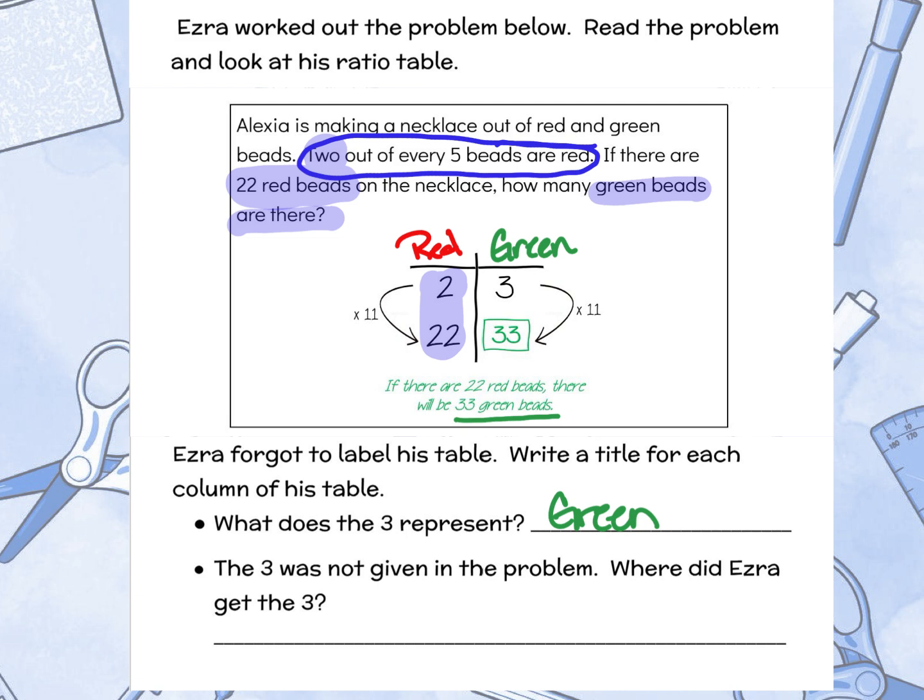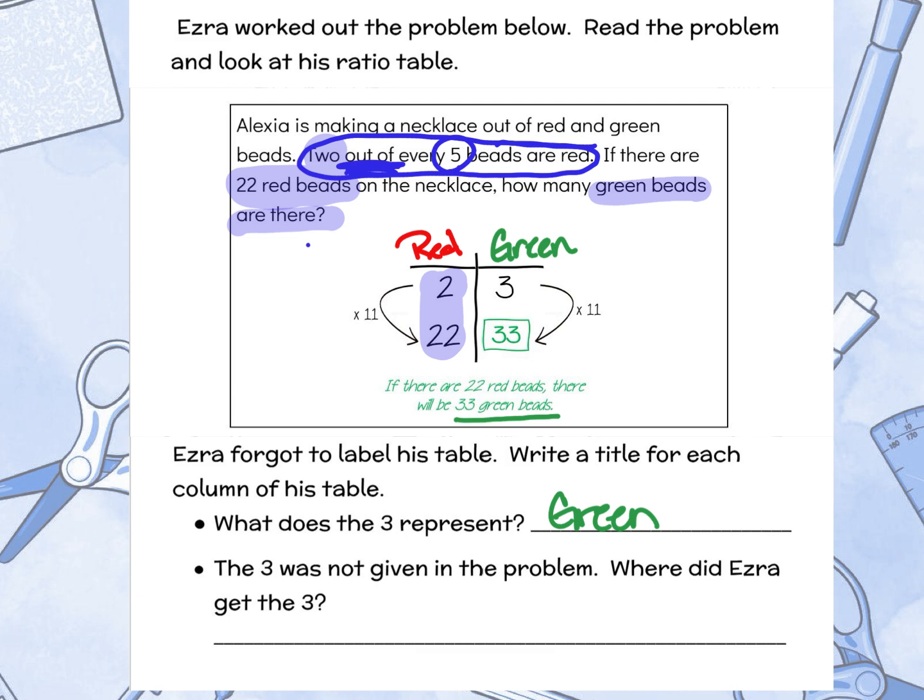What is the 5 representing? It's representing the total. And how do we know that? Because of these words right here, out of. 2 out of 5. So when we see that phrase out of, that means that the number afterwards is going to be the total. So we can picture it.